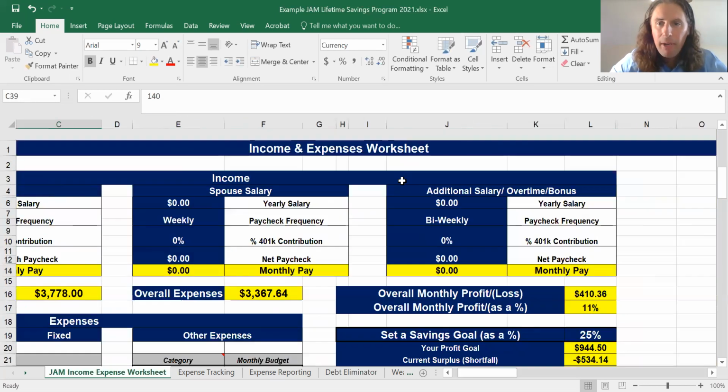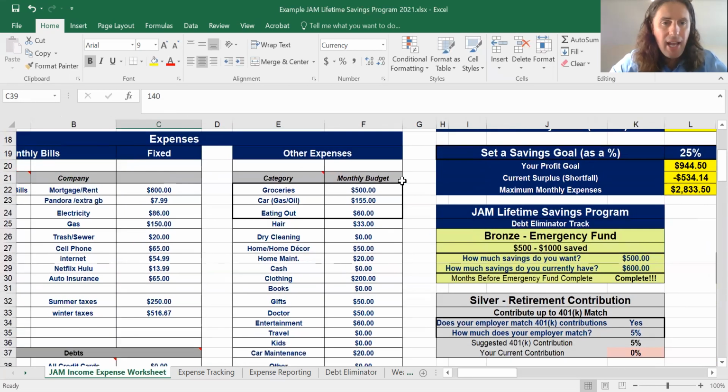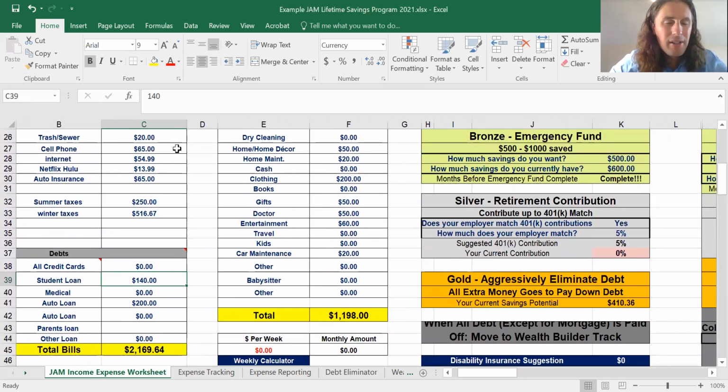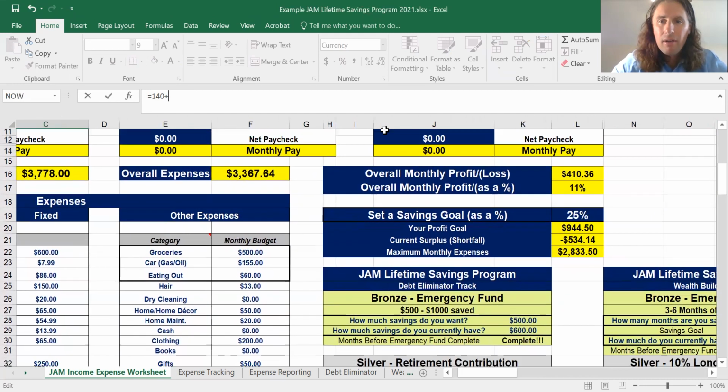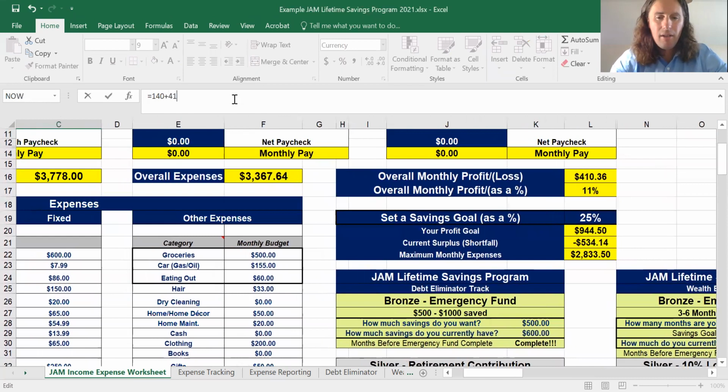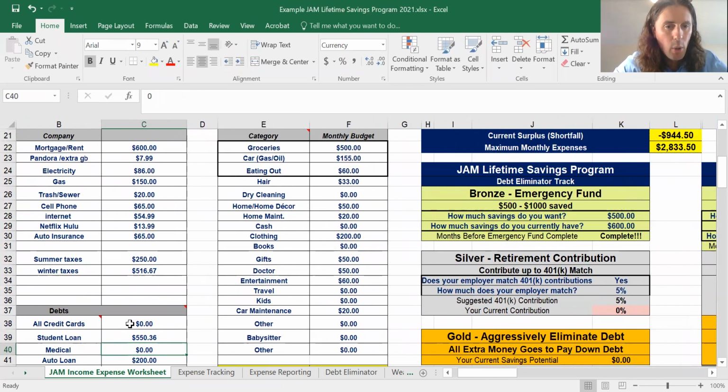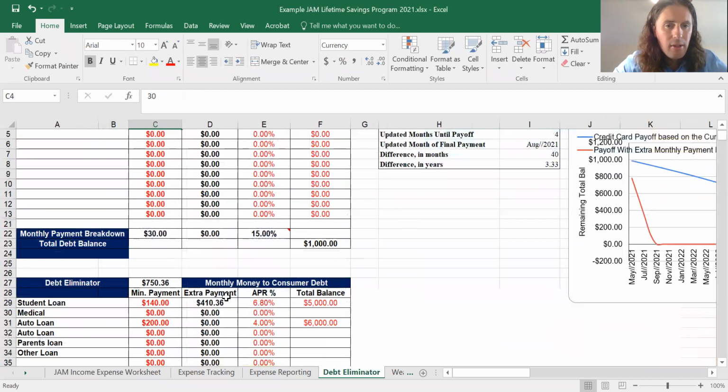And we look back at the budget and we have $410.36. And now that's going to the student loan. So the minimum payment plus $410.36 is now devoted towards the student loan.